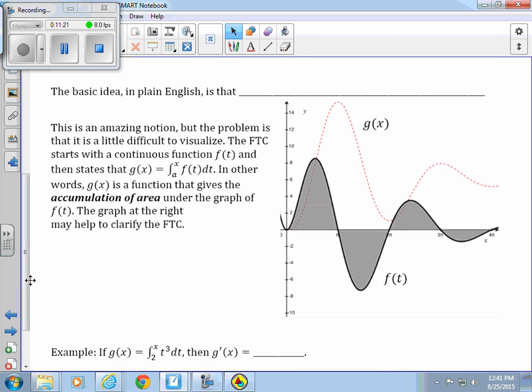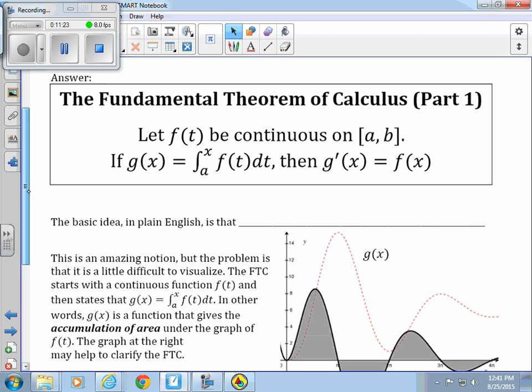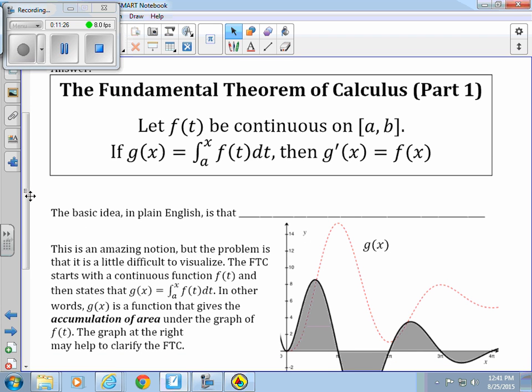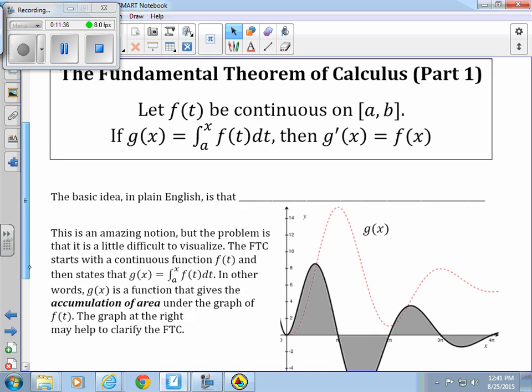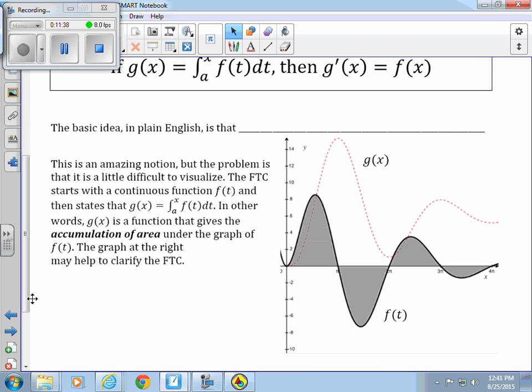We will get there. Not quite today, but maybe the next one. It's amazing that the derivative and integral are inverses. It is hard to visualize graphically, and that's why I pulled that animated thing in.